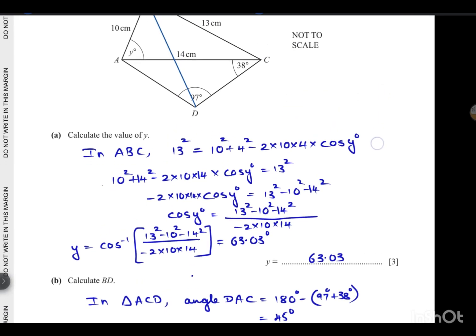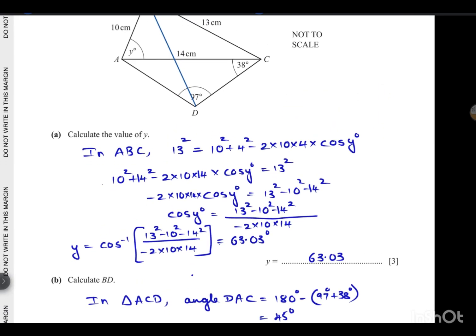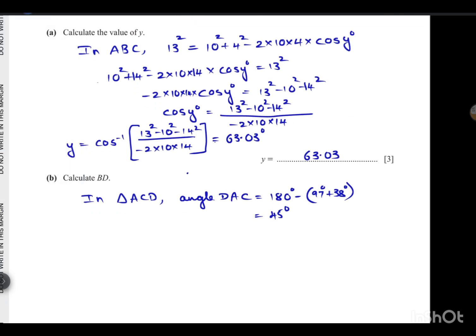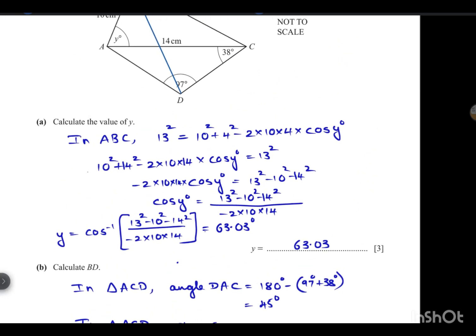Finding AD, take the same triangle ADC, and find AD using angles and sides, that is sine rule. Again write, in triangle ACD, let me write here and then explain.